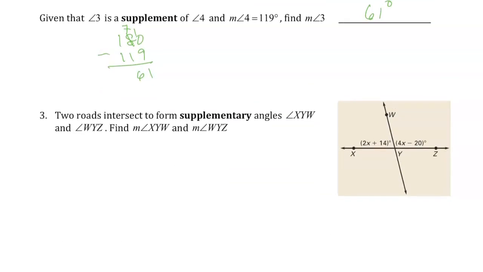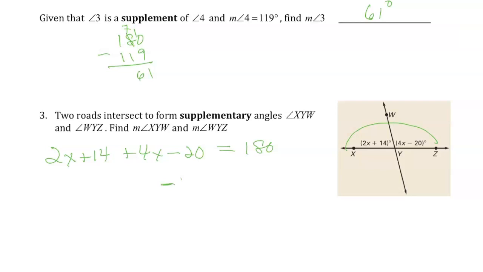These two roads intersect to form supplementary angles. So that means these are supplementary. Don't set them equal. They didn't say equal, they said supplementary. So that means that they're going to sum up to 180. Add your numbers together. So I have a 14 and a negative 20.